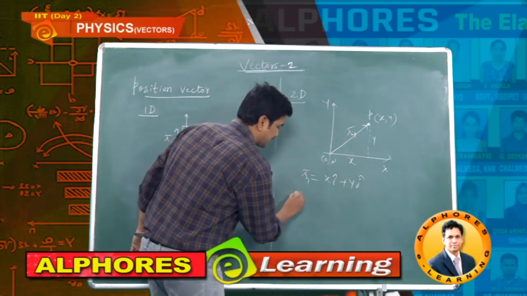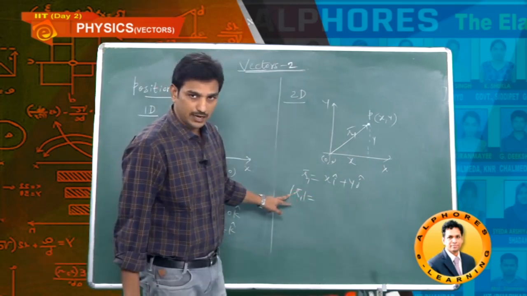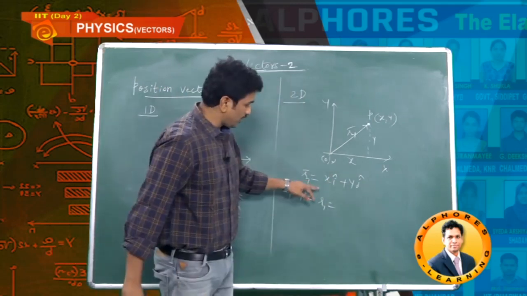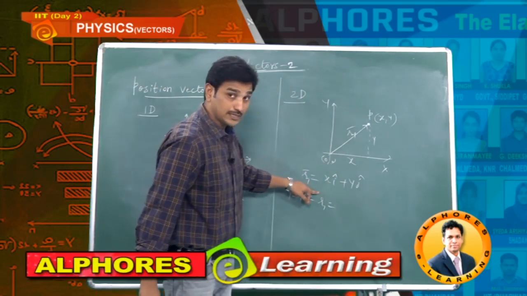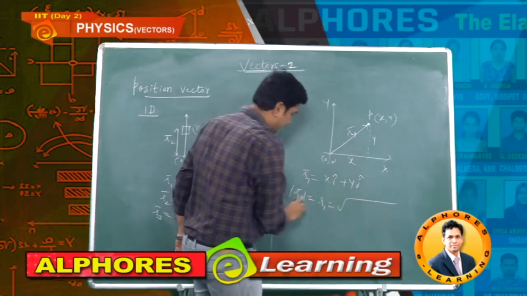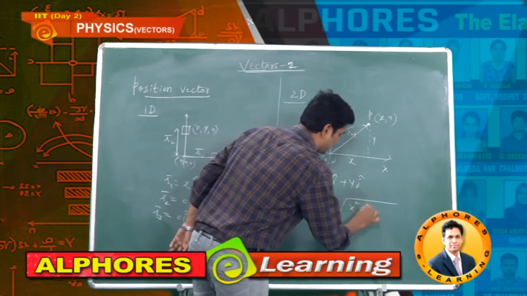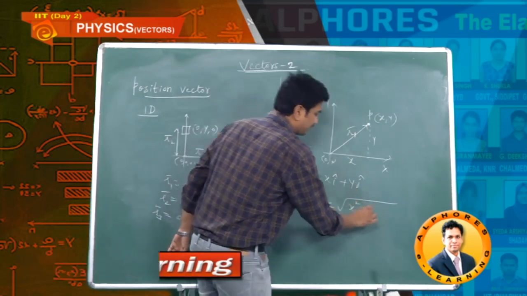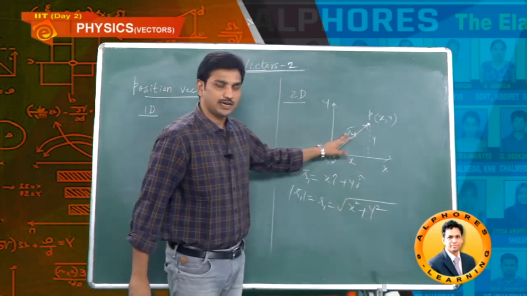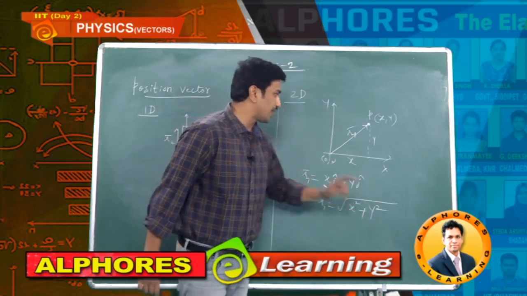Now you know that yesterday we discussed the magnitude of a position vector is a scalar, that is r1. If you are not writing bar, that is a scalar. If you write bar, that is a vector. How to write the magnitude? Yesterday I told you: i cap coefficient whole square plus j cap coefficient whole square. So the magnitude of the given vector r1 bar is root of x square plus y square.